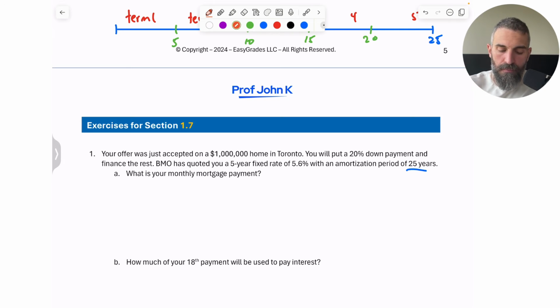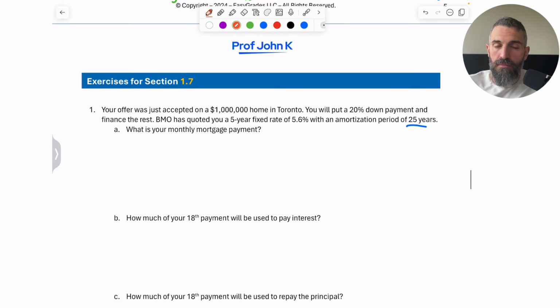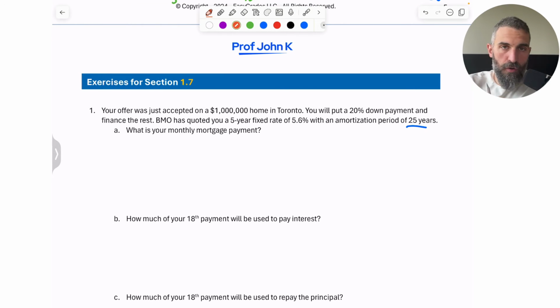calculating your payment. Now, as far as how to do it, if you're using a financial calculator, or if you're using a formula, it's pretty much the same approach. An installment loan is an ordinary annuity, and you're solving for the payment. So let's say you were using the formula. We know the formula for the present value of an ordinary annuity is the payment or the cash flow multiplied by 1 minus 1 plus your rate to the power negative n, over the rate.